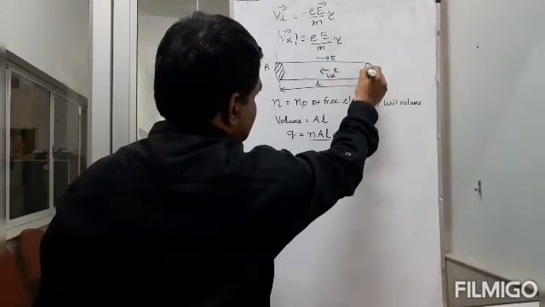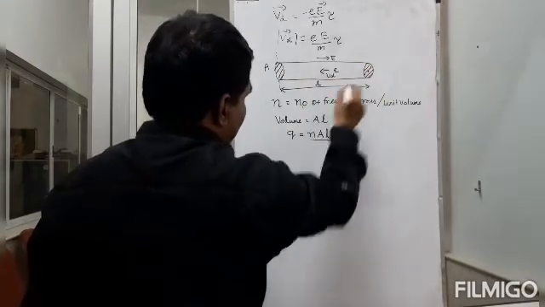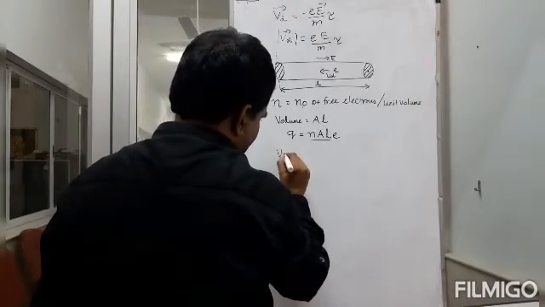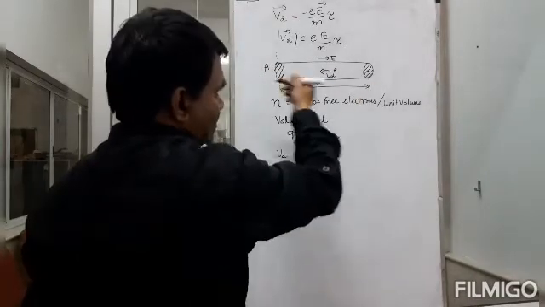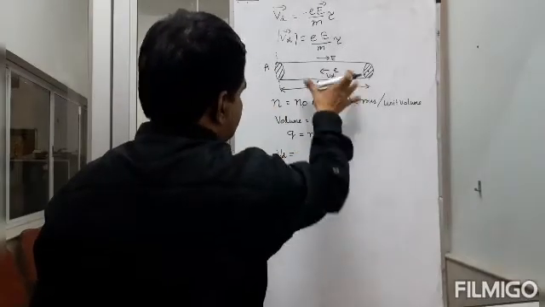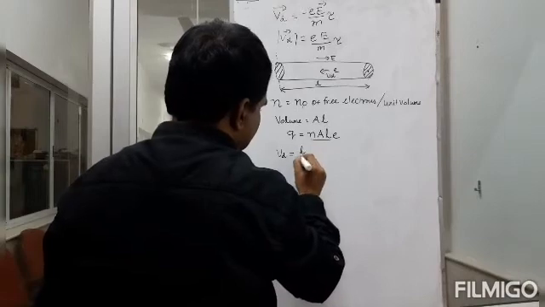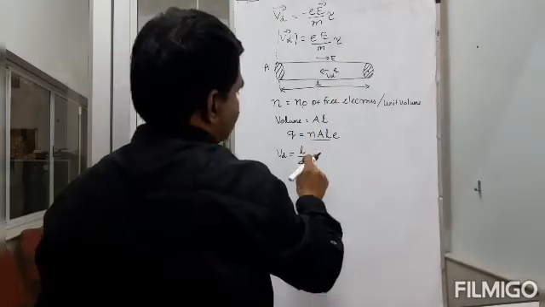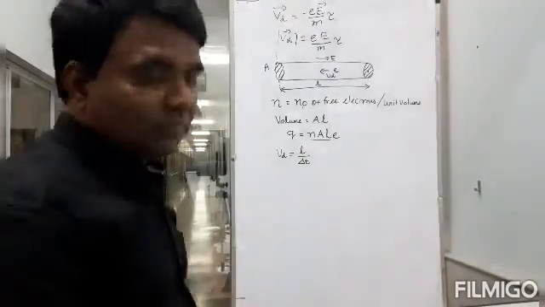How long will it take this last electron to cross? Well, the average velocity of the last electron is Vd, and it needs to cross a distance L, and then it will take a certain time.